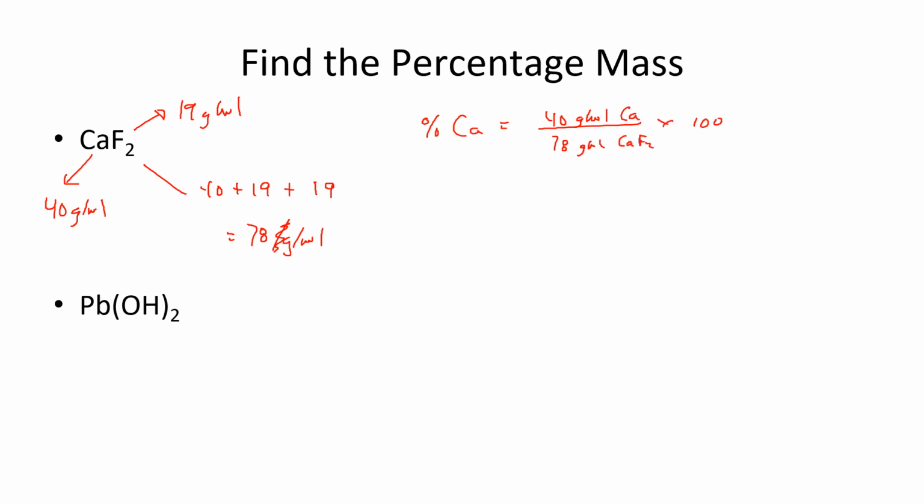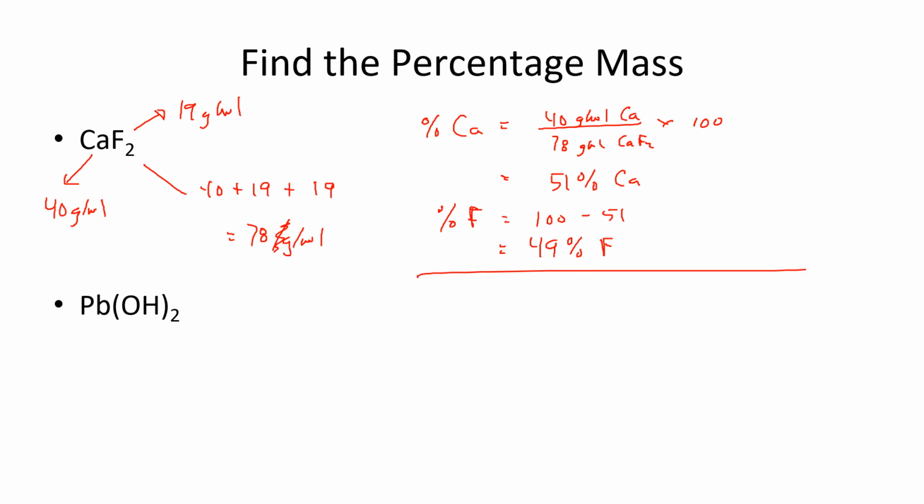And multiply that by 100, and that should give us, let's see here, 40 divided by 78 is, there it is, 51.2, I guess we'll just say 51%, 51% calcium, which means you don't even have to worry about the fluorine one. You can just do the difference. So 100 minus 51 equals 49% fluorine. There we go.